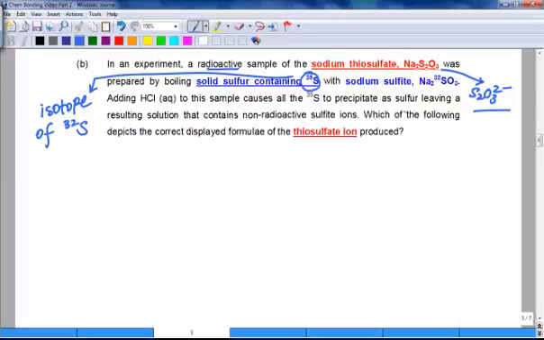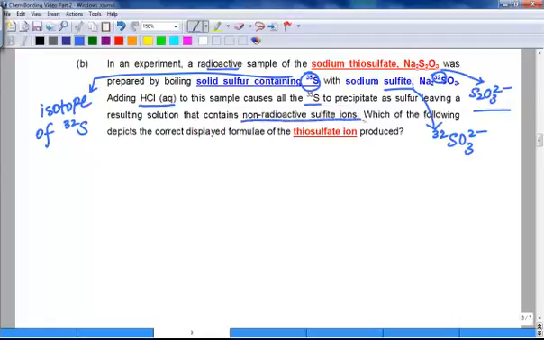And in this case, it is boiled with sodium sulfite. So of course, you need to know your sulfite is SO3 2-, and since it gives the mass number here, you know it is 32. Okay, and they add this HCl to the sample, causes all the 35 sulfur to precipitate as sulfur, leaving a resulting solution that contains non-radioactive sulfite ions.